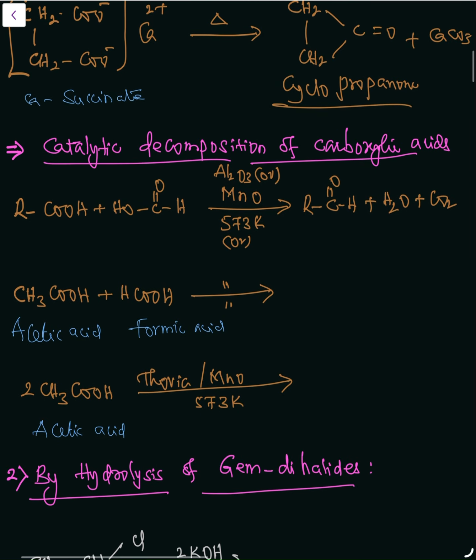Now catalytic decomposition of carboxylic acids. In catalytic decomposition of carboxylic acids, generally higher carboxylic acids react with lower carboxylic acids in the presence of thoria or MnO at 573 Kelvin, and we'll get aldehydes. So this is the aldehyde.